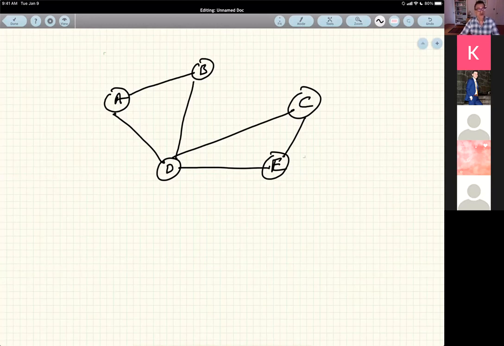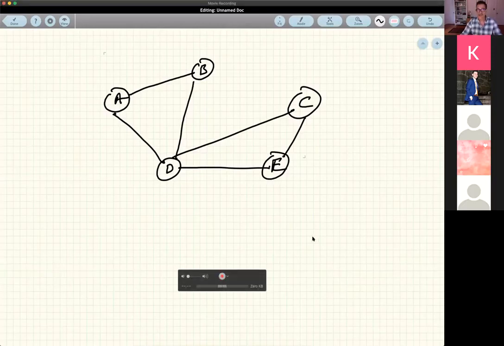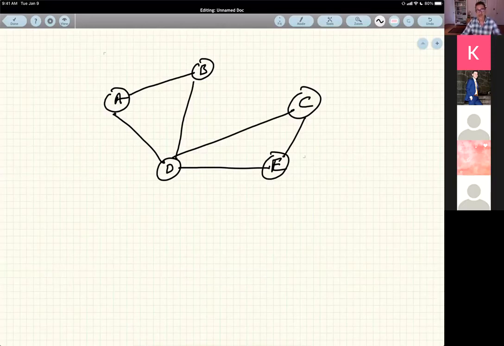What we term 2 vertices as being adjacent is if there is an edge that connects them. So the adjacent vertices in this graph are A and B, B and D, A and D, D and C, C and E, and D and E.